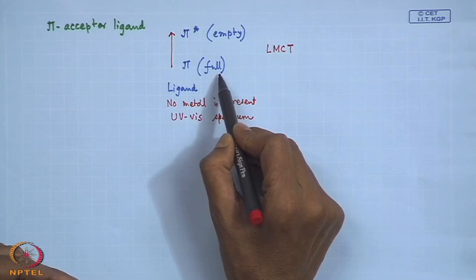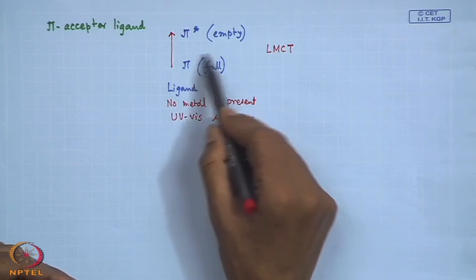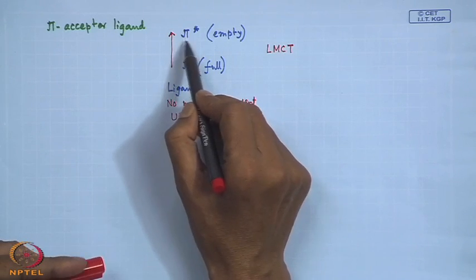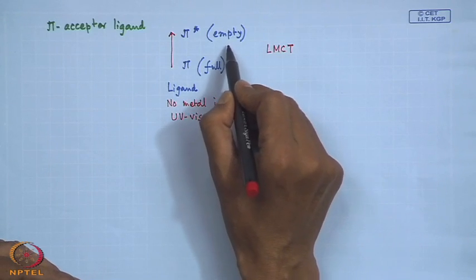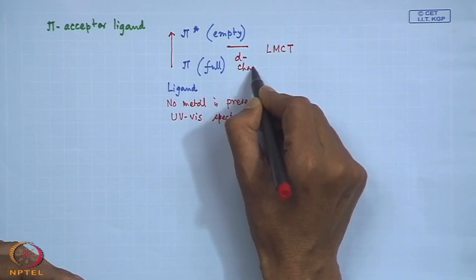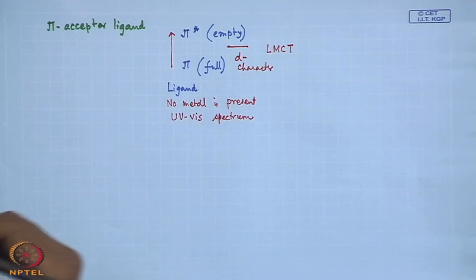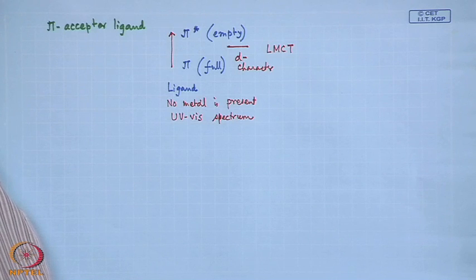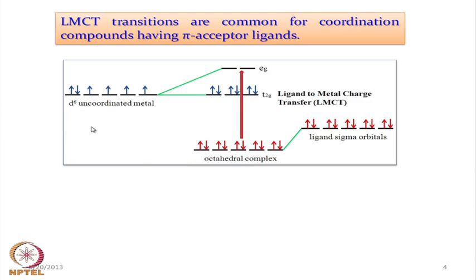So, this electronic charge from the ligand pi level can go not to the pi star level, but to some intermediate level of d character from the metal ion. So, if we have pi-acceptor ligands, then we have the d6 system, which is the free ion system where we have many d electrons available on the metal ion.